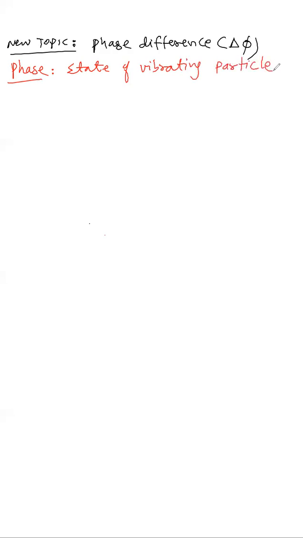And in order to determine the state of a vibrating particle, we look at three things. First thing is displacement of the particle, second thing is speed of the particle, and third thing is direction of the particle. So if any two particles have all these three things similar, then we say that those particles are in phase.